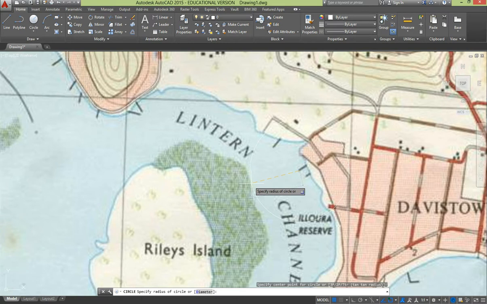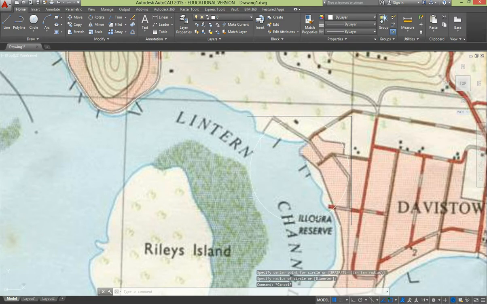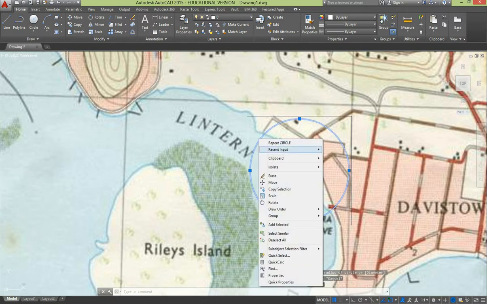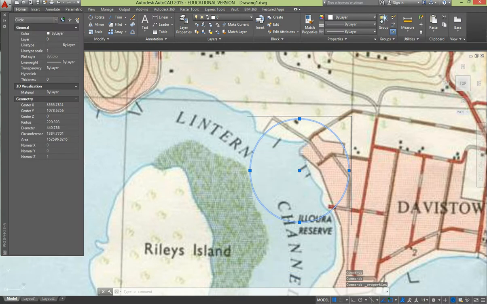So that would be the shortest distance across the Linton Channel. Then we can look at the properties of that circle, and we can see that the radius is 220.39 meters, so 220 meters would be the answer there.